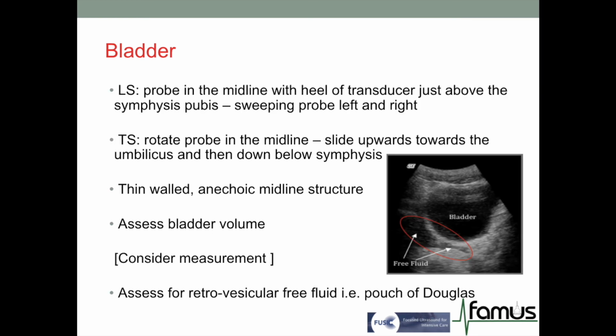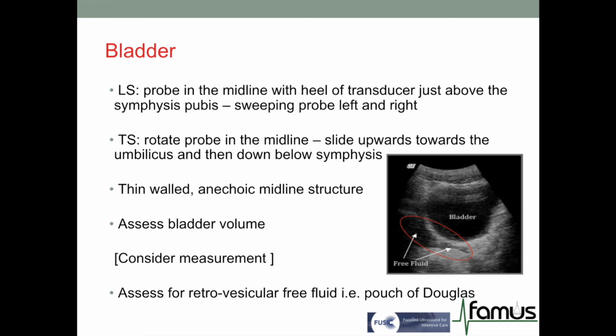This is just to resume what I've already explained. To image the bladder, use the curvilinear probe on its transverse position above the symphysis and on the coronal position above the symphysis. The bladder will appear as an anechoic structure because it's filled with fluid, thin-walled.